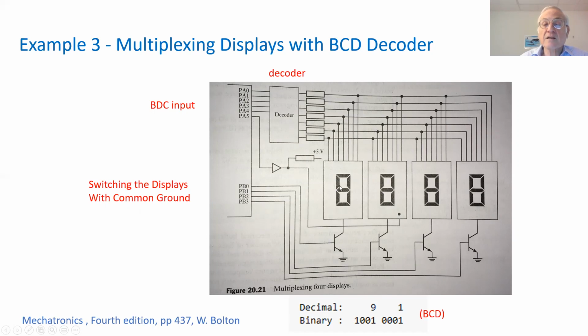So we could turn on this display or this one by turning on this transistor and regrounding the source. And then whatever was placed on the display from the decoder is going to be shown. And this is the multiplexing.